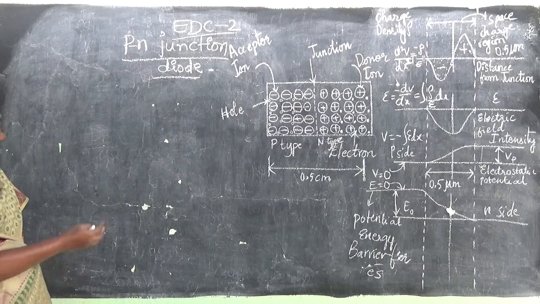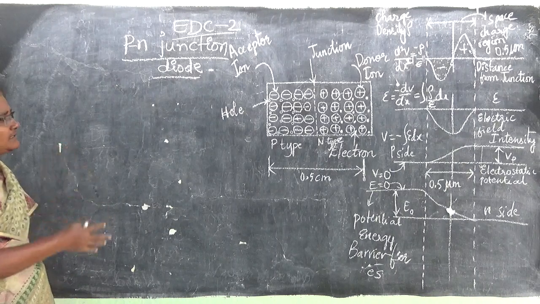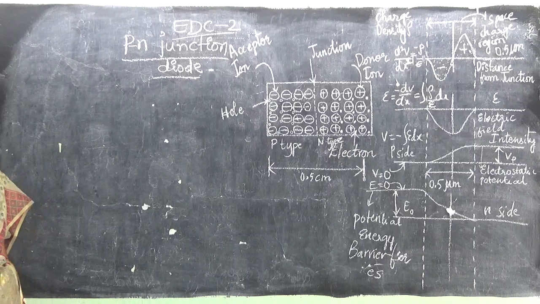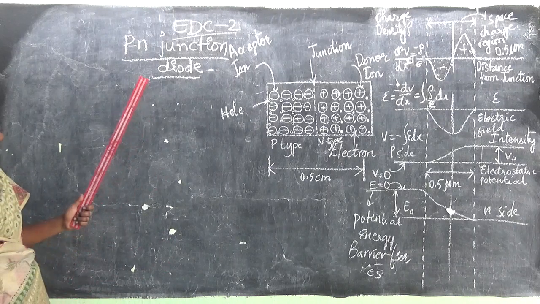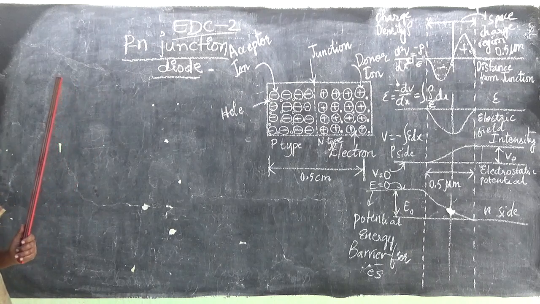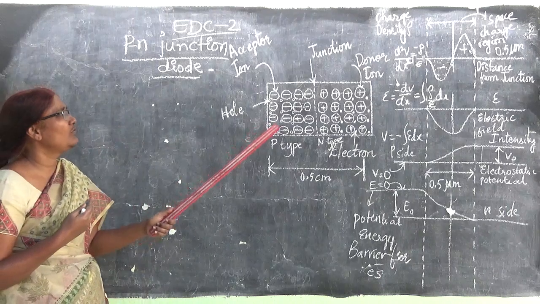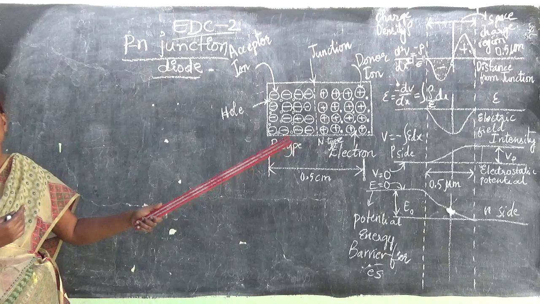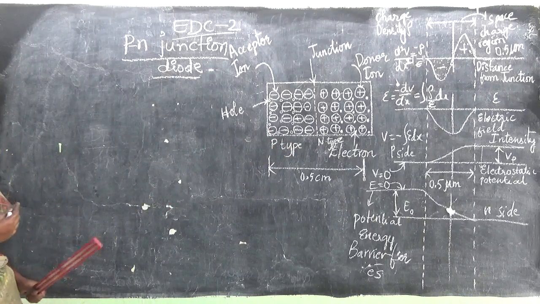So already we learned the basics and fundamentals of the material which is going to be used as a semiconductor. Suppose we have a diode, then it needs a material which is nothing but a semiconductor material.